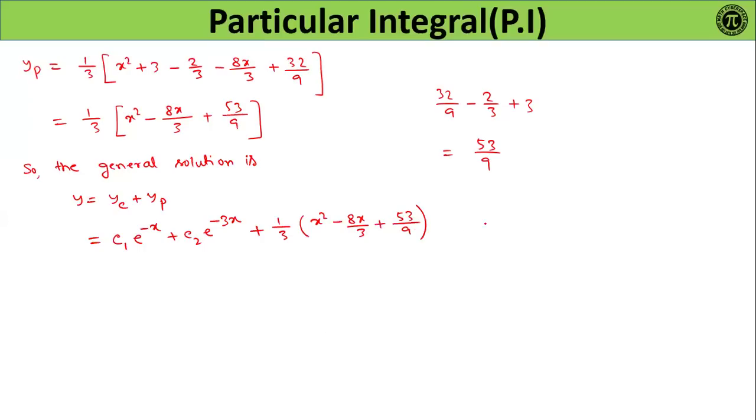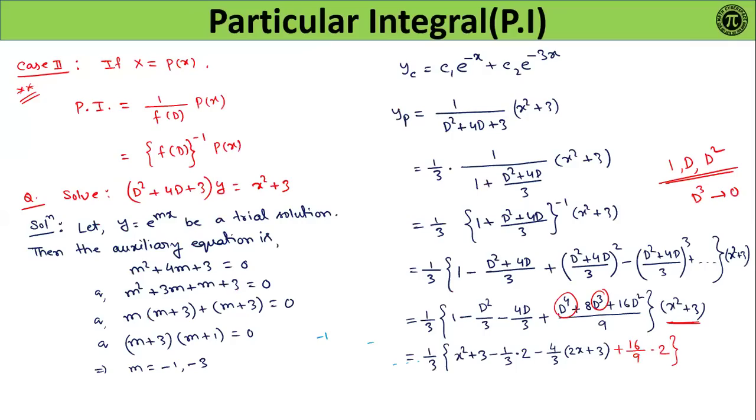This is the final answer. Okay, remember, if this polynomial part is a cubic equation, you have to take up to d3. If this is degree 4, you have to take up to d4. Clear? Because when you take d5, the result will be 0. Okay, so in this way you have to solve this type of problem when the capital X is in polynomial form. Clear? Next question.